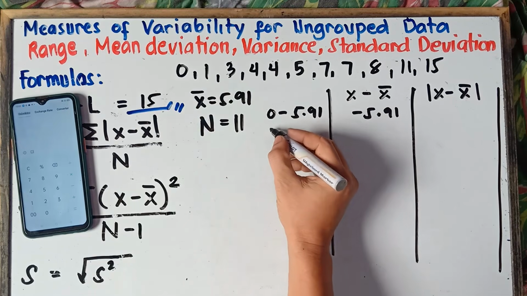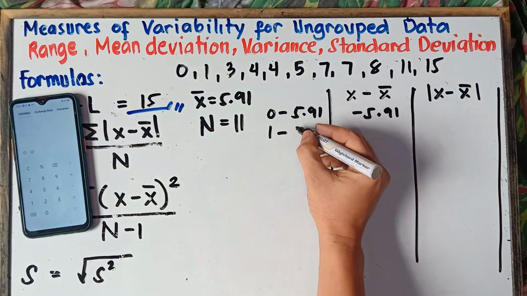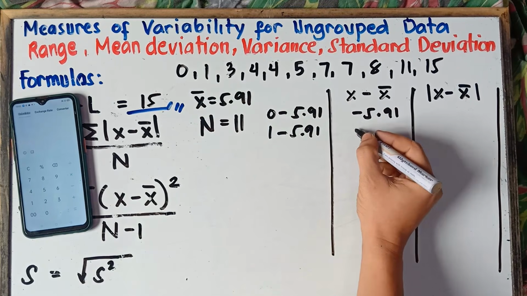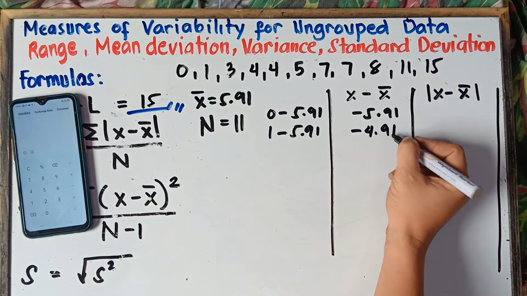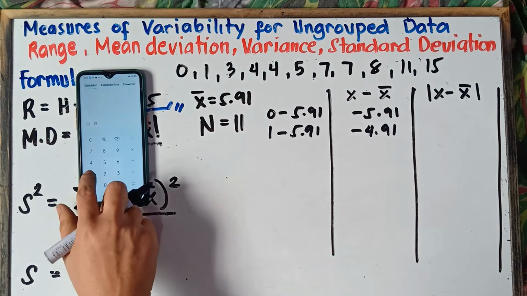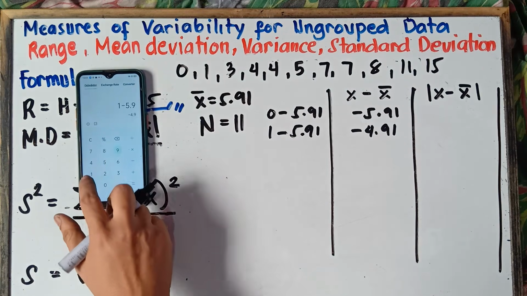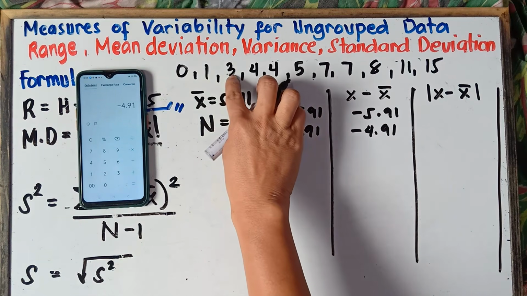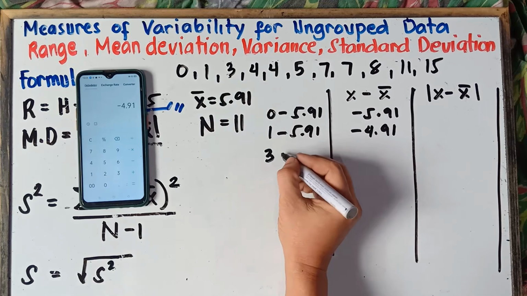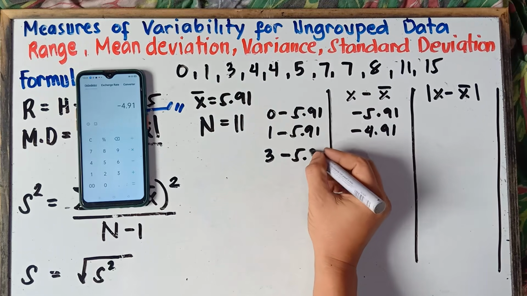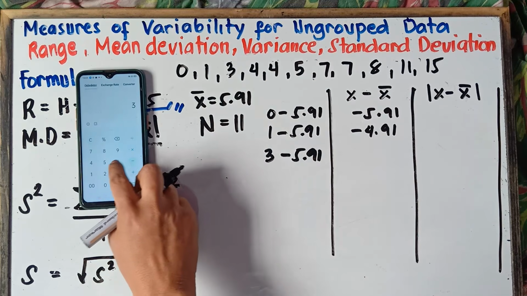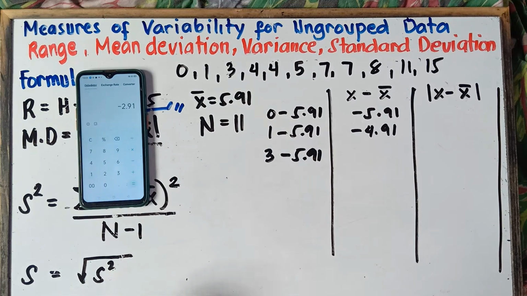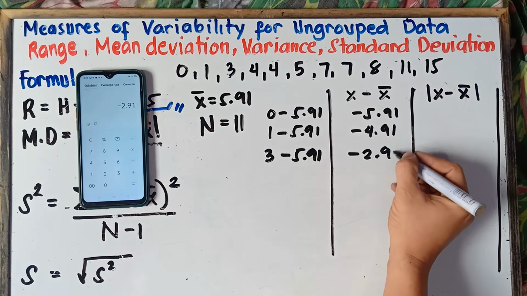So next sample, that would be 1 minus the mean, 5.91, that would be negative 4.91, I think. So let's use our calculator. 1 minus 5.91, yep, that would be negative 4.91. And then the third sample, 3 minus 5.91, that would be equal to negative 2.91.